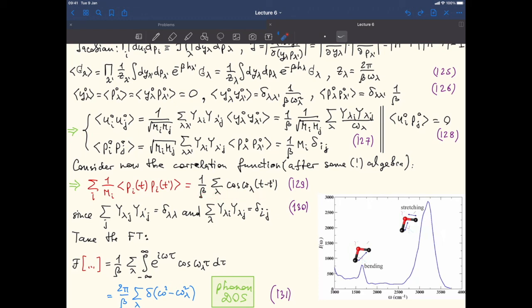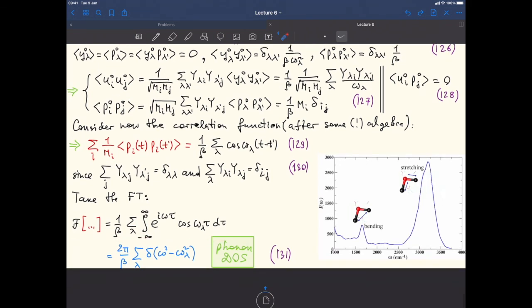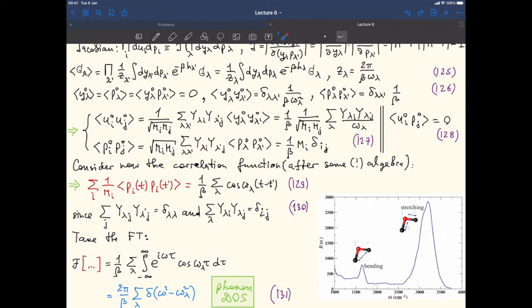In the right-hand side, however, we find that it is equal to 2 pi over beta and the sum of the delta functions. And this sum of the delta functions is actually the density of states, the phonon density of states of our system.